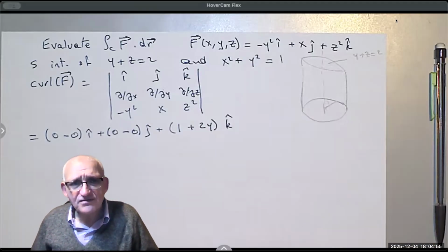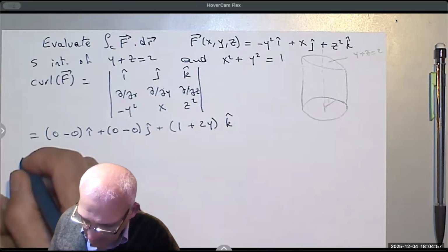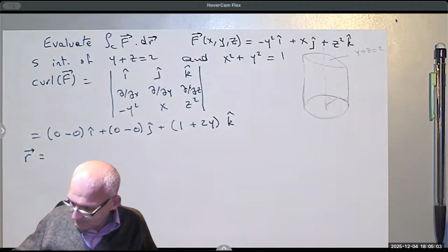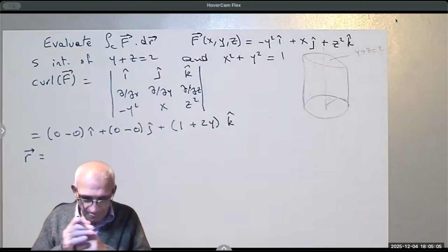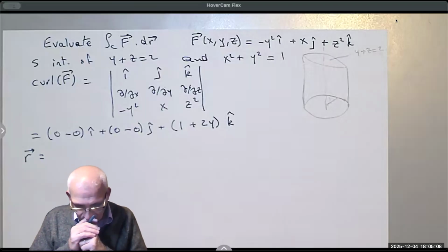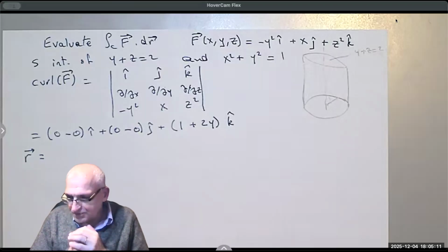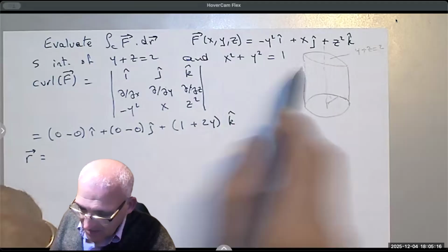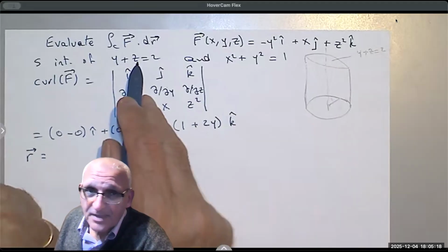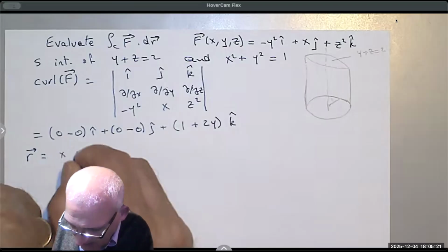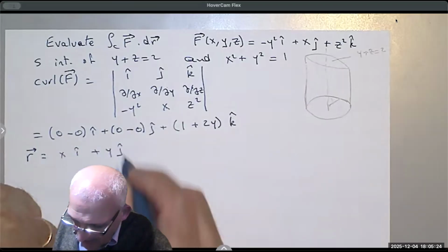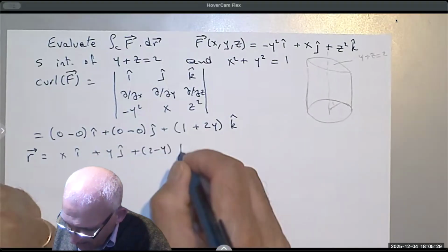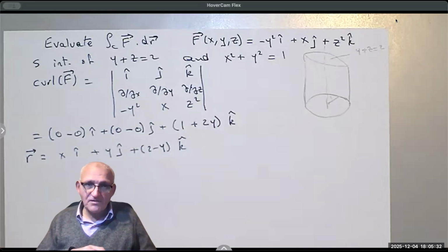Now, what is my position vector r? Notice we are only going to parameterize, and the parameters are x and y. So I would have x i plus y j, and then instead of z, I'm going to say plus 2 minus y k, right?